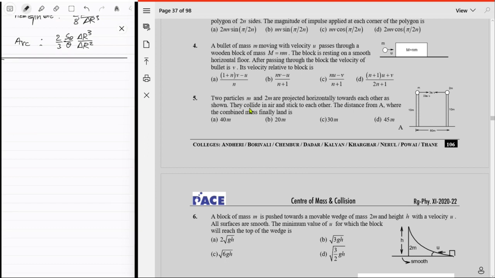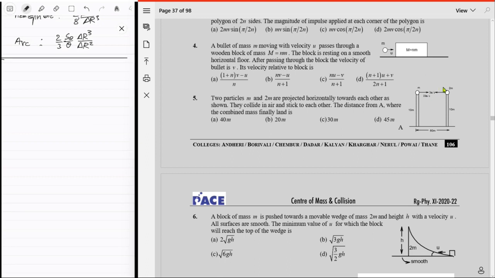Well, think about it. You could always do the x component as the combined body. Initially, the center of mass has zero velocity. Where is the center of mass, by the way?